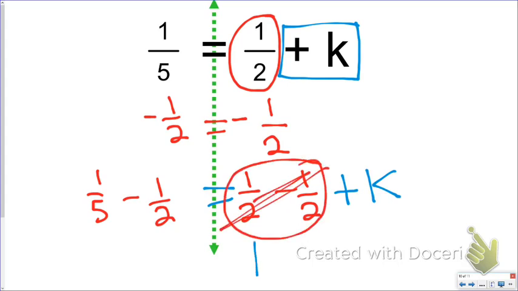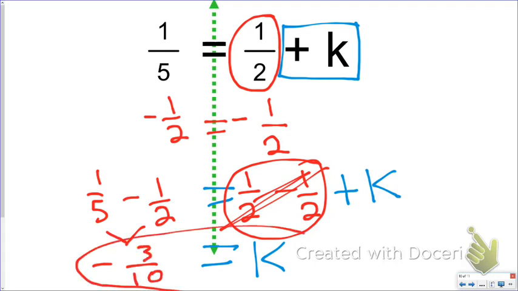So I'm left with k is equal to, what is 1/5 minus 1/2? To save time, I'll just do this in my calculator. 1/5 minus 1/2. Actually, I probably could have done this in my head faster, but that's okay. And that equals negative 3/10. So my answer here is negative 3/10.